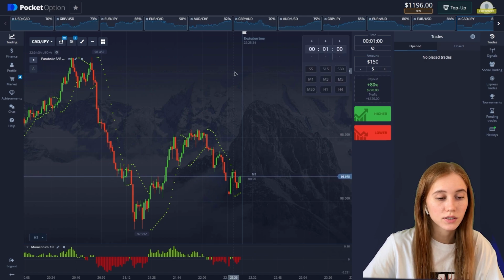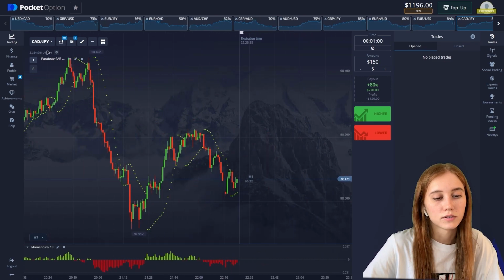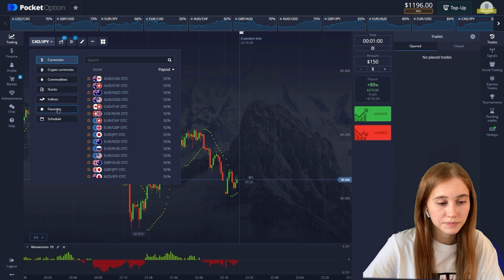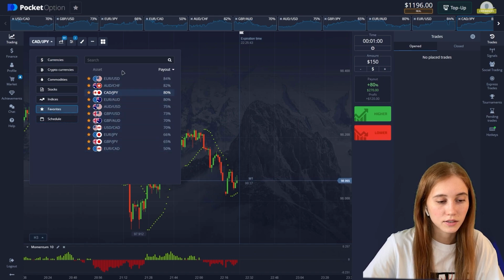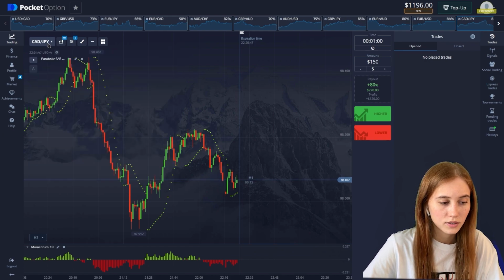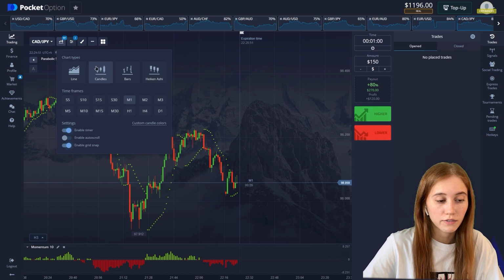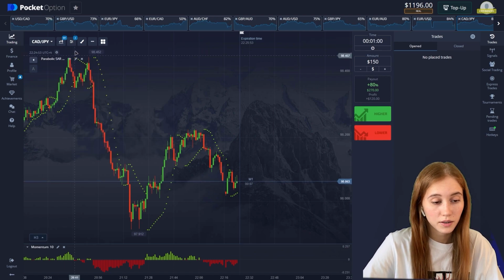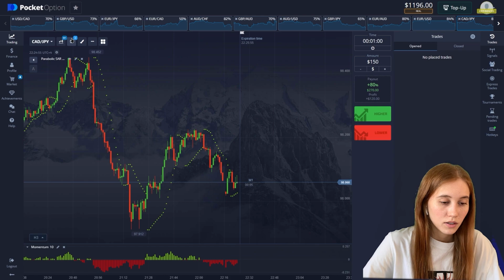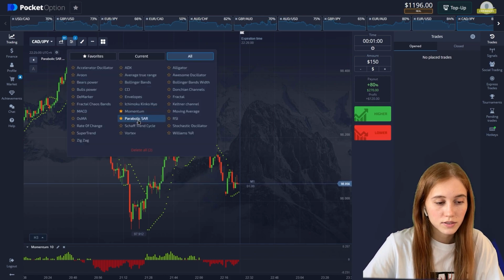We traded on the minute time frame, on concept pairs, and these are the pairs for today. Some payout percentages have fallen, but that's okay. Here are my settings. This is a minute time frame and candles.